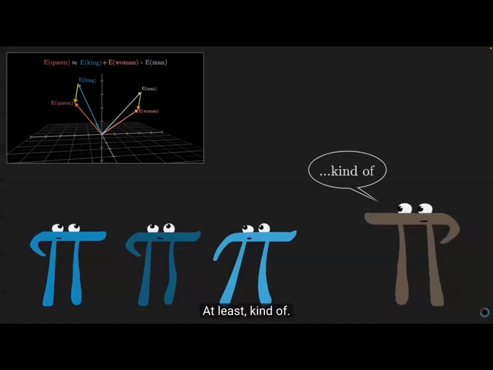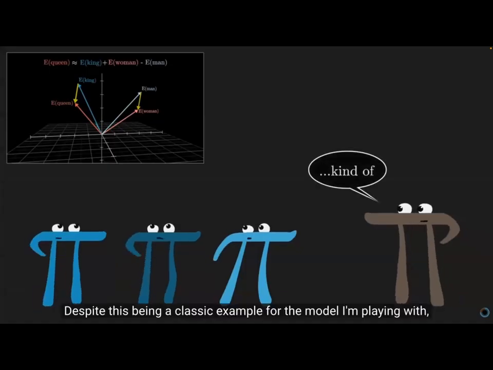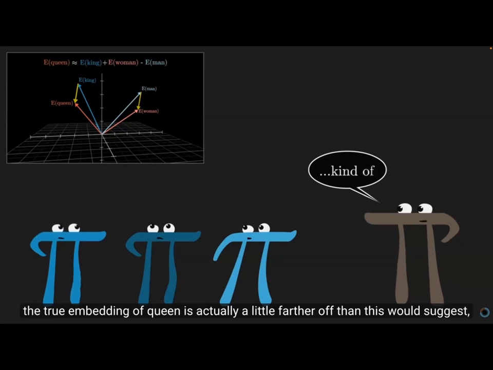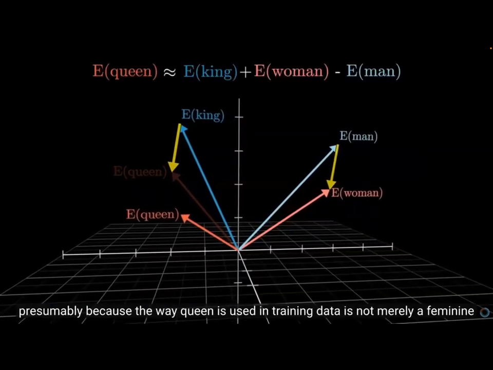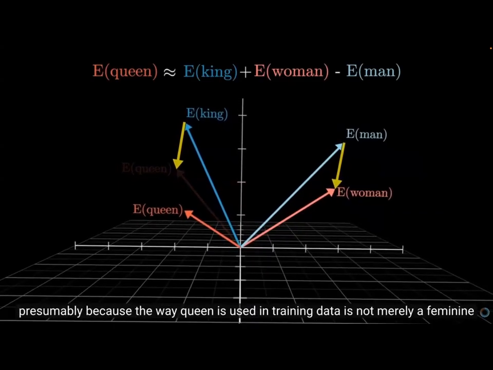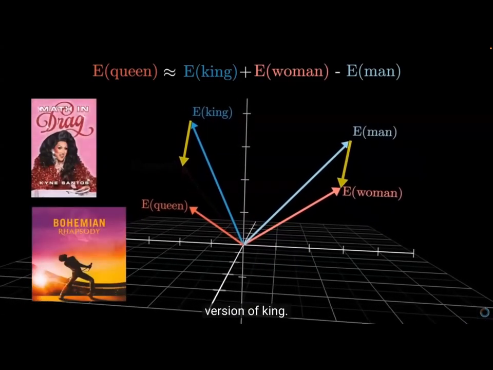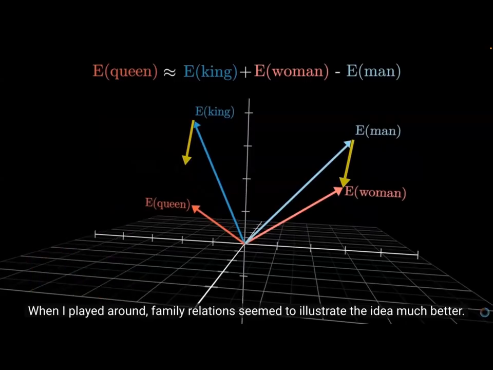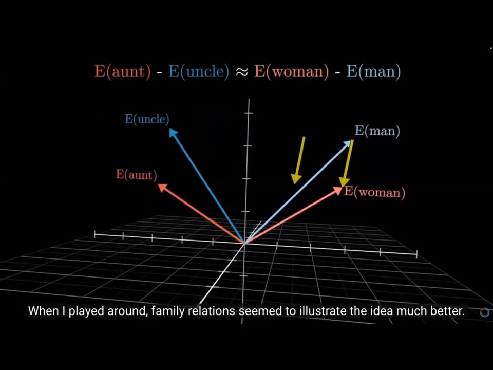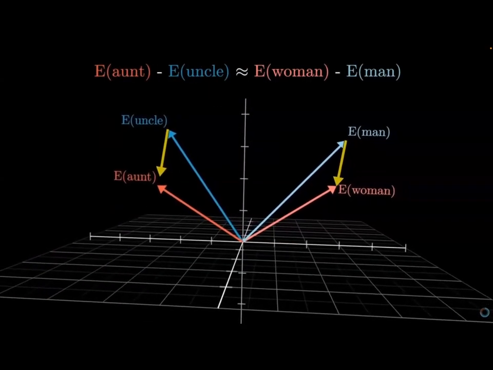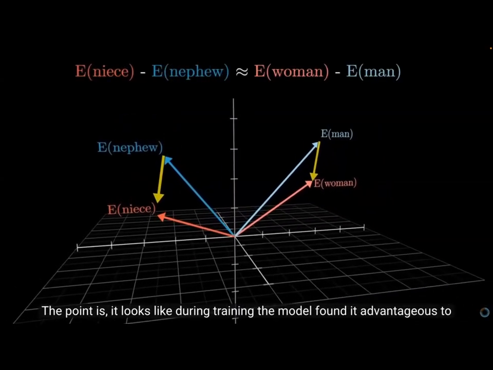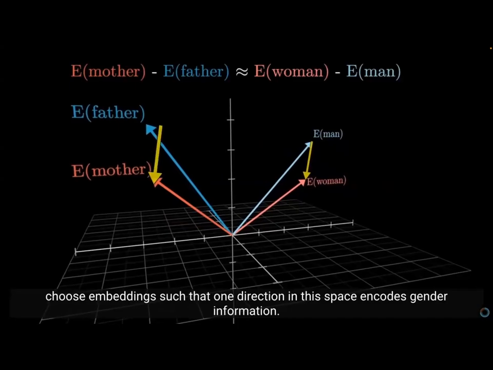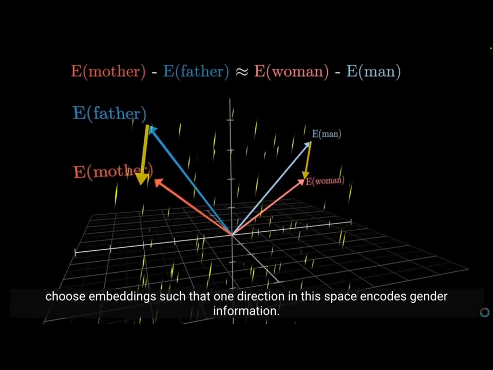At least, kind of. Despite this being a classic example for the model I'm playing with, the true embedding of queen is actually a little farther off than this would suggest, presumably because the way that queen is used in training data is not merely a feminine version of king. When I played around, family relations seem to illustrate the idea much better. The point is, it looks like during training, the model found it advantageous to choose embeddings such that one direction in this space encodes gender information.